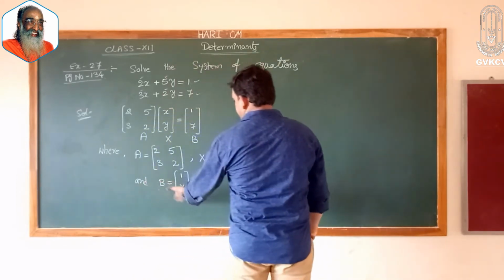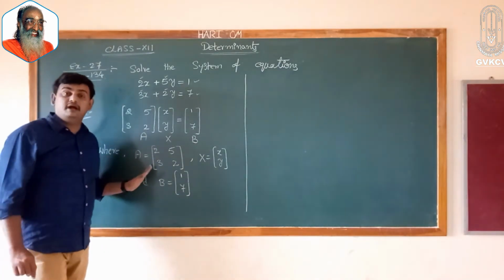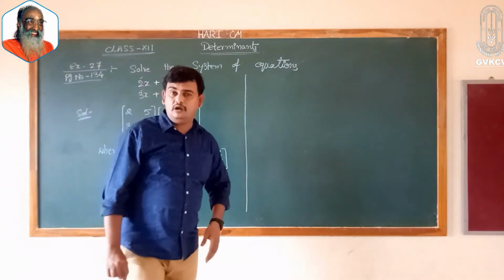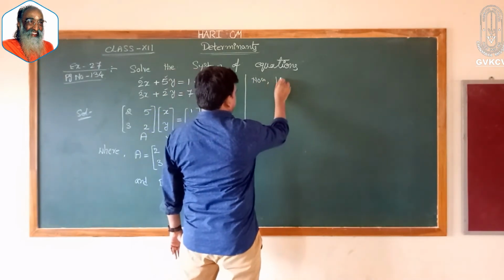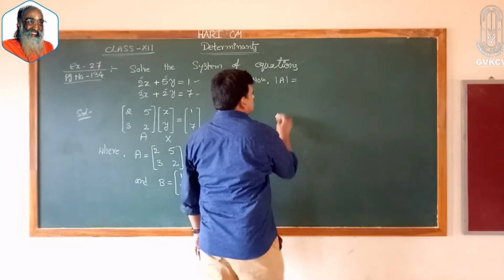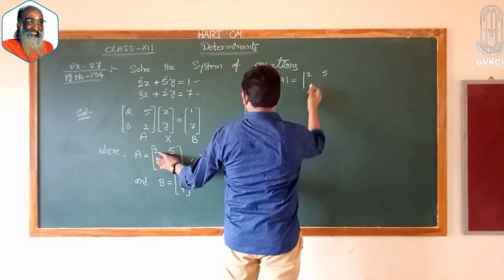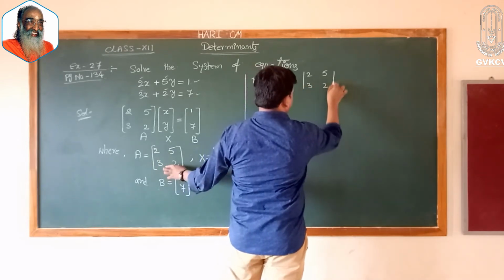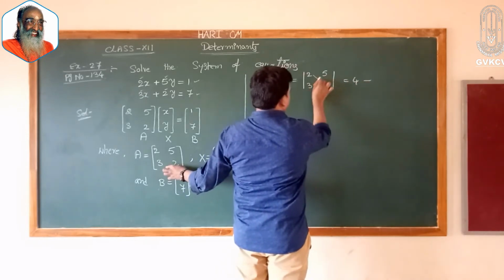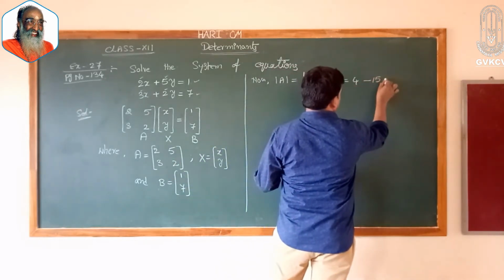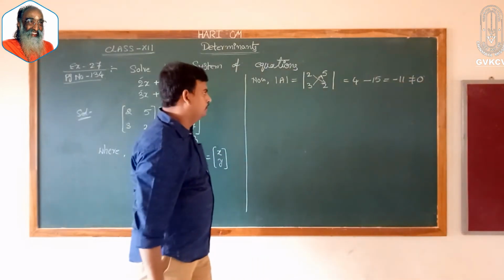First, we need to know whether the given matrix is singular or non-singular. First, we find determinant of A. Determinant of A is equal to the determinant of 2, 5, 3, 2. By cross multiplication, 2 twos are 4 and 3 fives are 15, so 4 minus 15 is minus 11, which is not equal to 0.